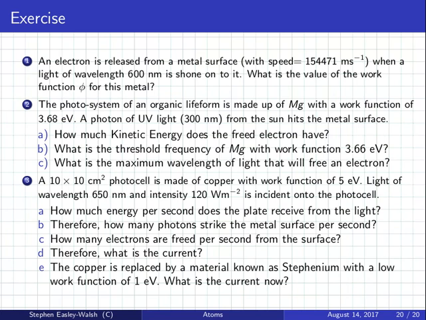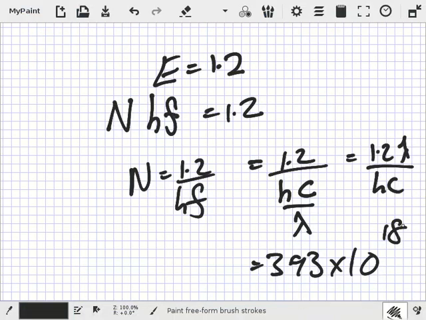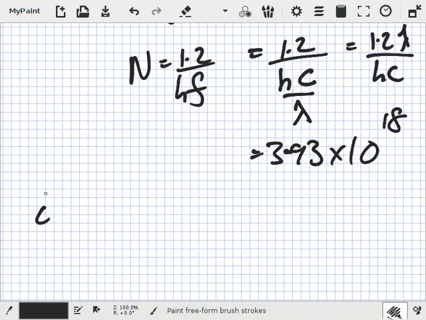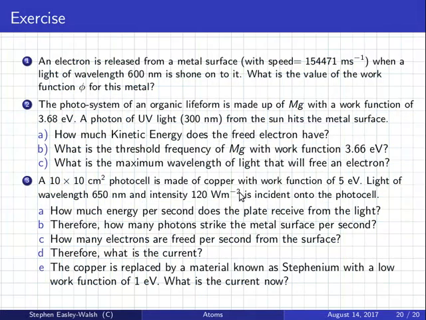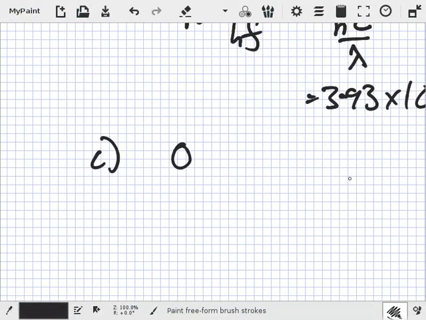How many electrons are freed per second from the metal surface? So what's the answer for that one? 1.5 by 10 to the 8. I think it's 0. Right. Because the work function is 5 electron volts. Okay? So what's the threshold frequency?